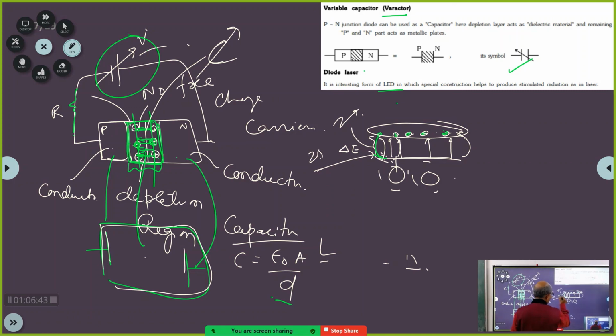That photon energy will be equal to delta E. So this photon, when it travels like this, it will instantly stimulate all these electrons to jump to the ground state simultaneously. Understood? Simultaneously, all of them will fall. Now, that is the lasing principle.